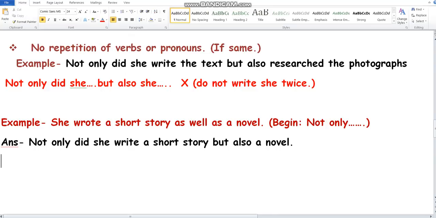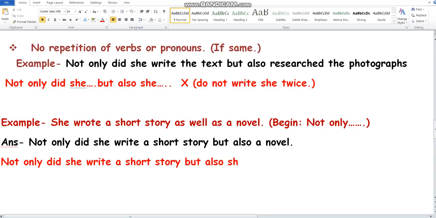Do not write, not only did she write a short story, but also she wrote, or but also did she write.